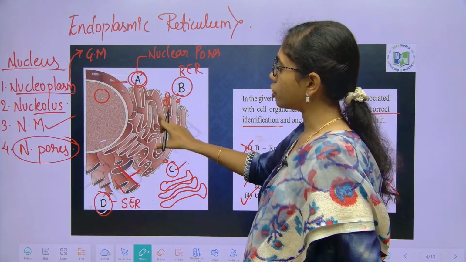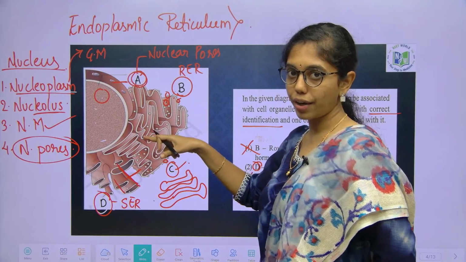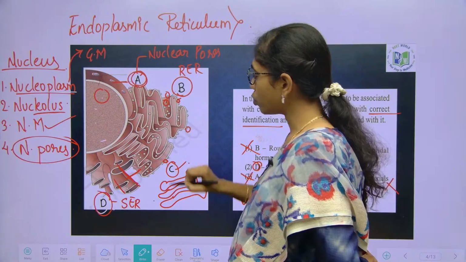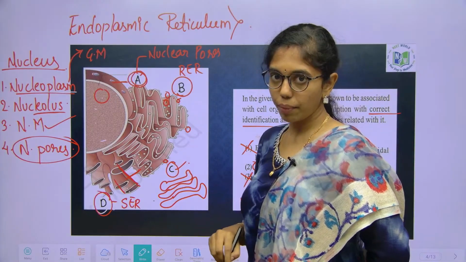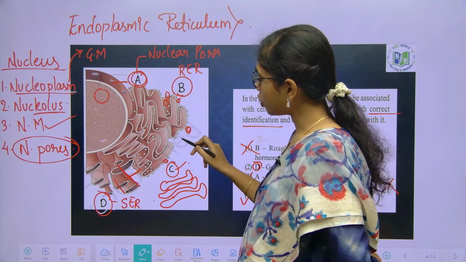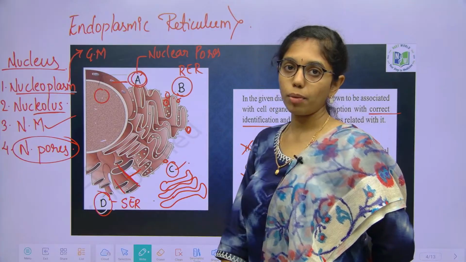Now, the reticulum extensions of nuclear envelope, if they are having ribosomes over it. One question from my end, how are ribosomes adjoined or connected to the endoplasmic reticulum?